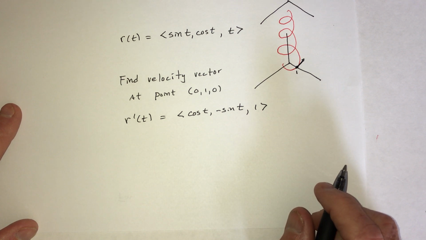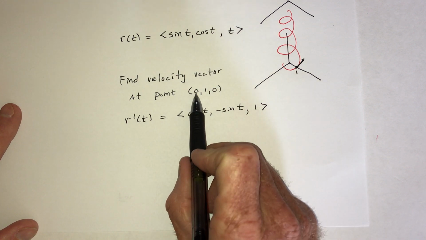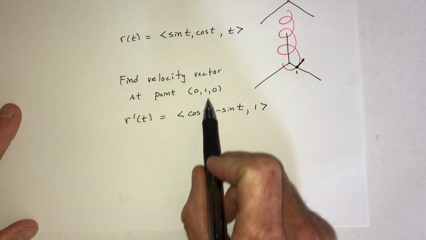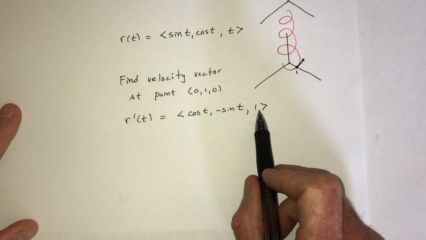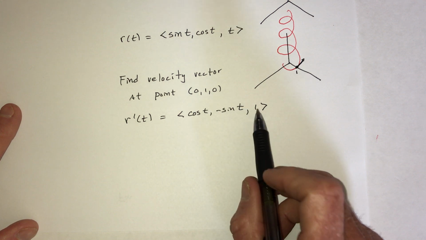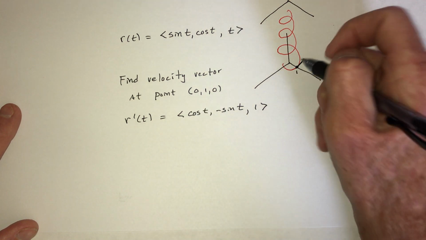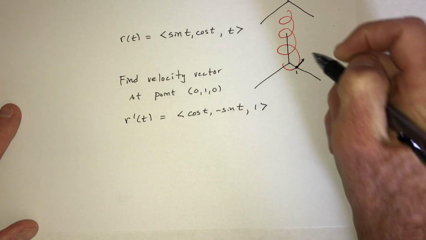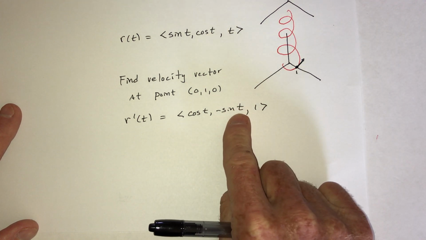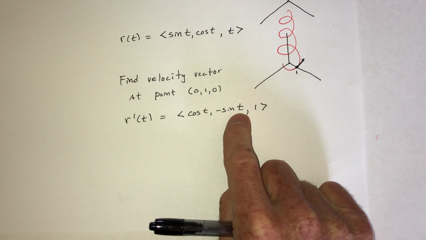Now, what do I plug in for t? This is not saying plug in a 0 right here, a 1 right there, and a 0 right there. This is saying you're at this specific point, but this t means, well, what time did you get there? 10:30? Midnight?